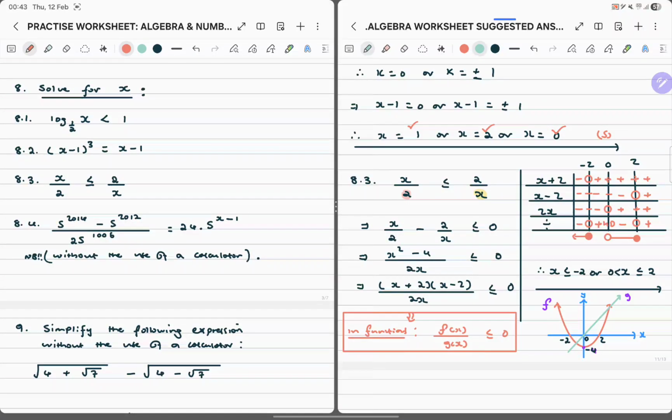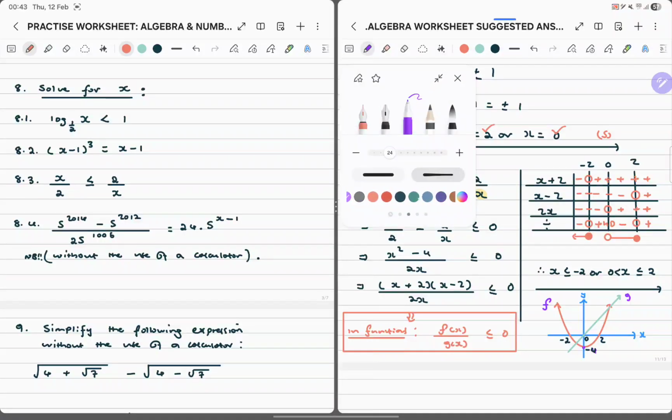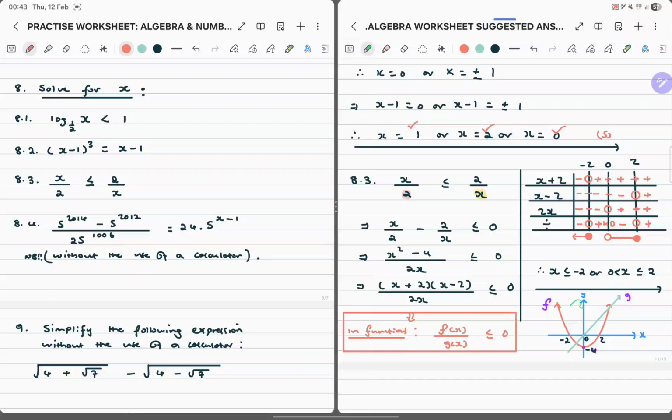Right. Now, let's look at this and establish some things. We want this to be negative, so this can happen. This can happen when the numerator is 0, right? So this means here, when this one is 0, this is possible, right?